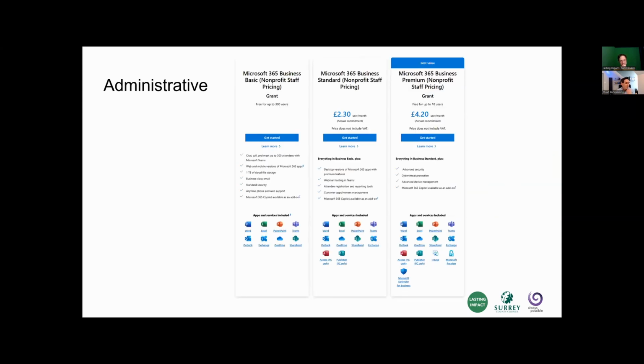This next slide here, what I'm going to tell you a little bit about is the pricing. This is Microsoft pricing, taken straight from their website, to give you an idea of what you can get. If your eyes are drawn to the numbers, like they should be, because that's the way these slides are designed, you will notice it says £2.30 per user per month, or £4.20 per user per month.